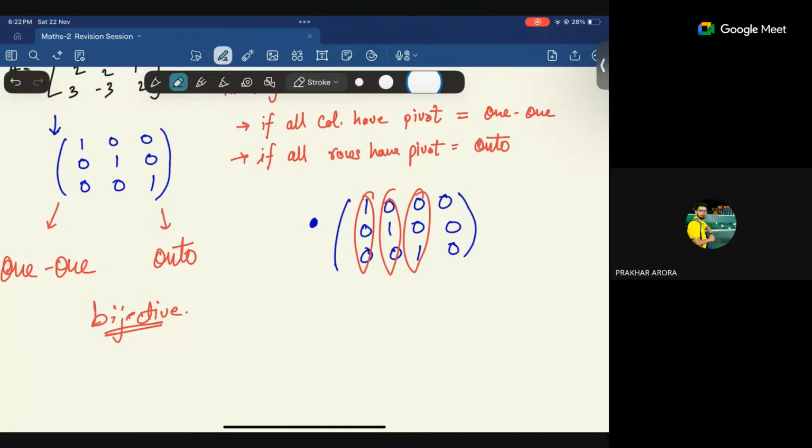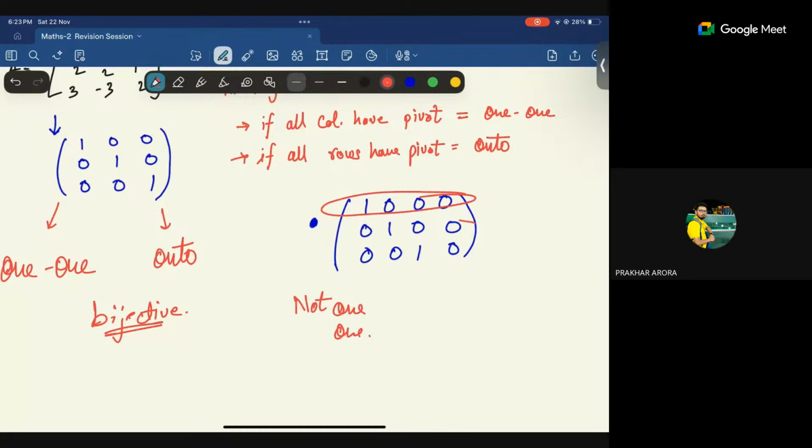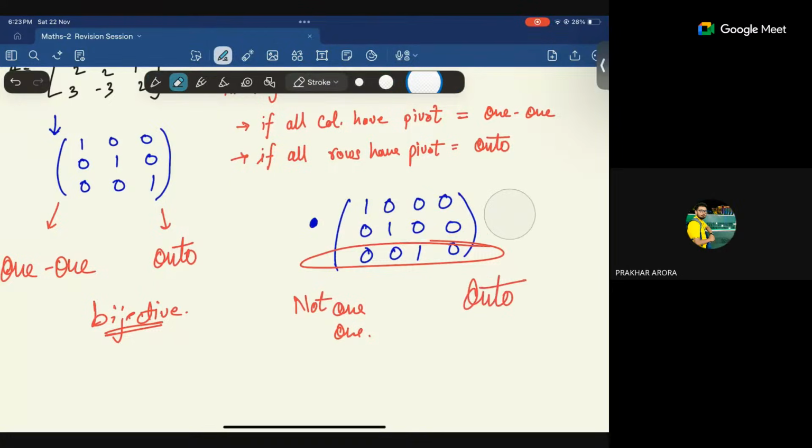No, all columns do not have pivot, therefore this is not 1 1. Do all rows have pivot? Yes, all rows have pivot, therefore this is onto.